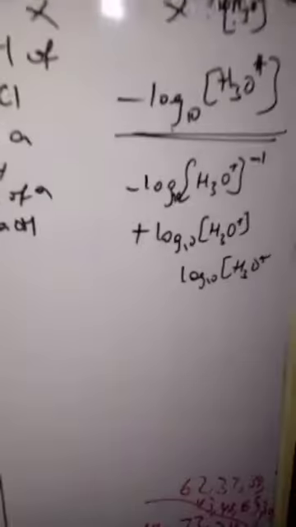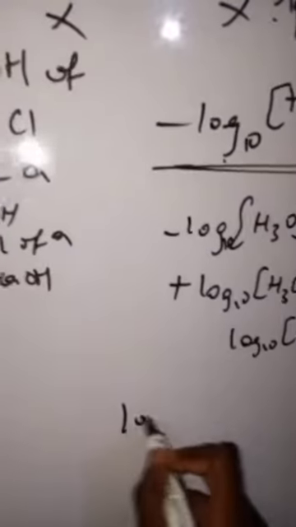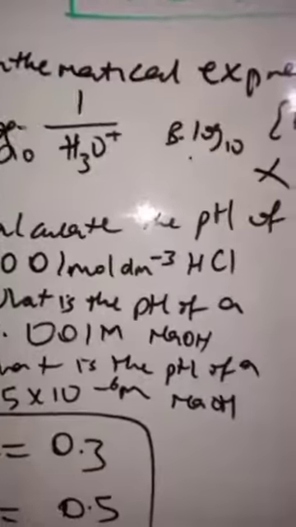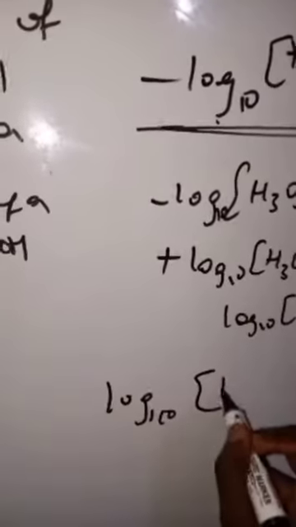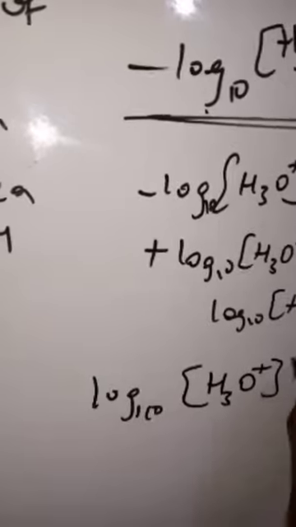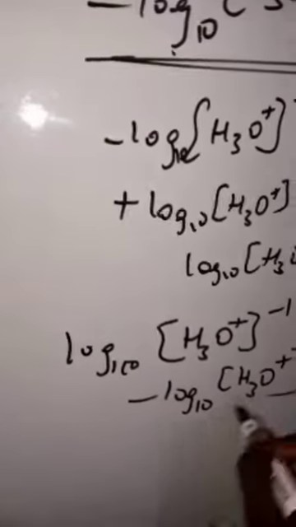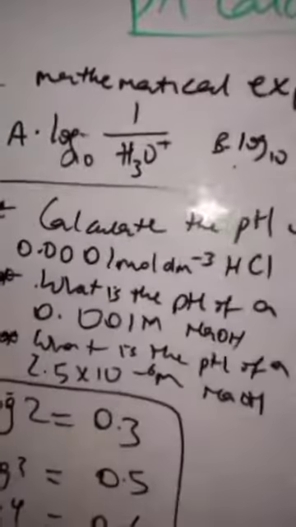So it's the same thing as this one, which is also wrong. But if you check option A, you have log base 10 of 1 over H3O plus. That's the same thing as H3O plus raised to power minus 1. Bring it to the front, minus log base 10 of H3O plus. So this is correct. I'm sure you got that.